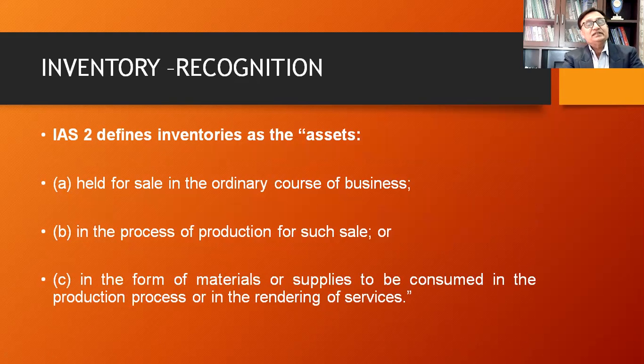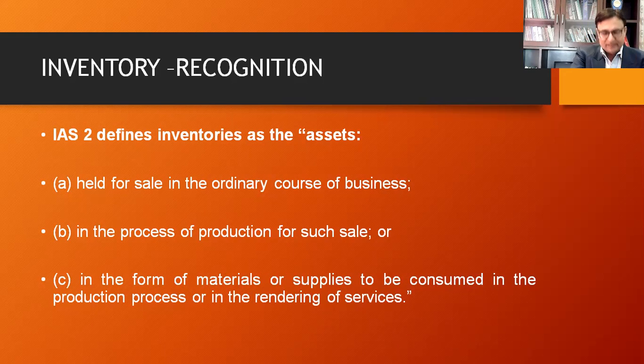Those assets which are not held for sale, which are for use in the business, for the manufacturing process or for any other thing, and are not going to be sold, will not be part of the inventory. Secondly, inventory may be used in the process of production for such sale.